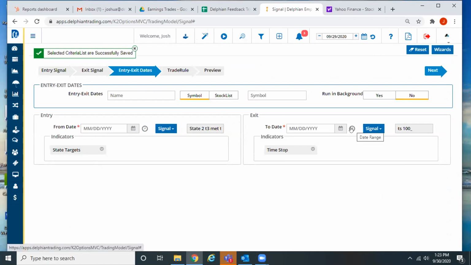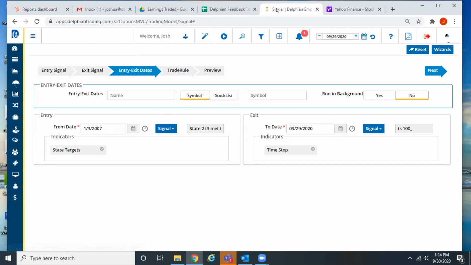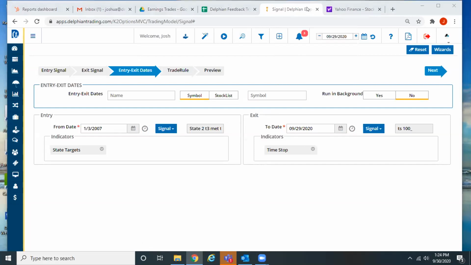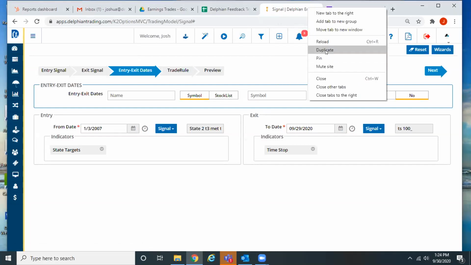So the testing range, I'm going to do an abbreviated one for this instruction.